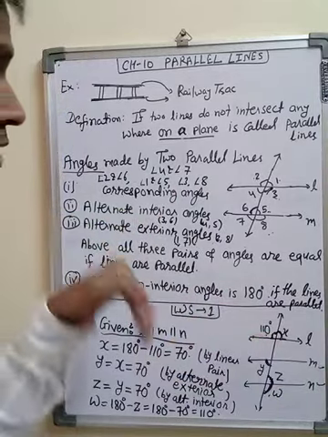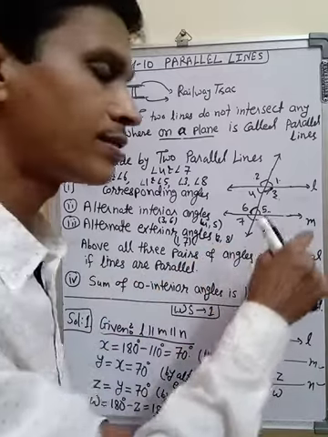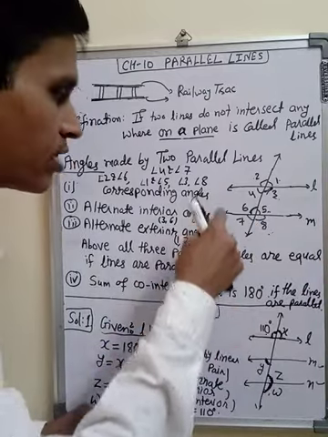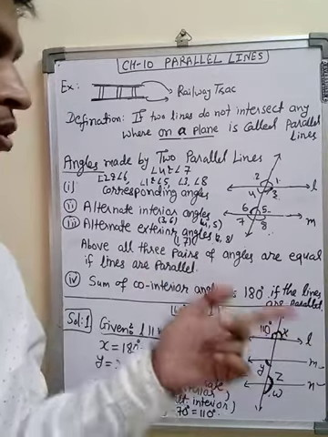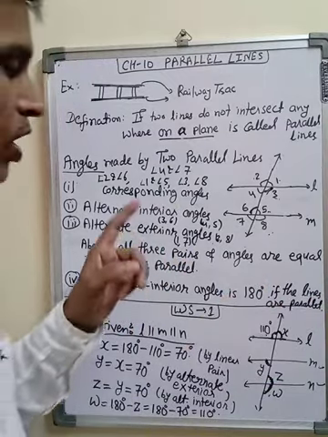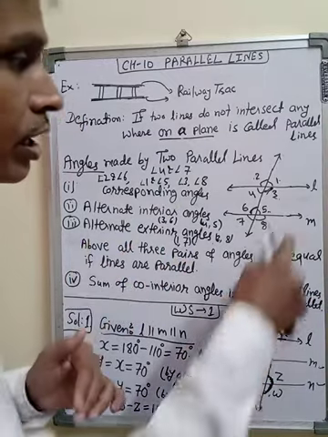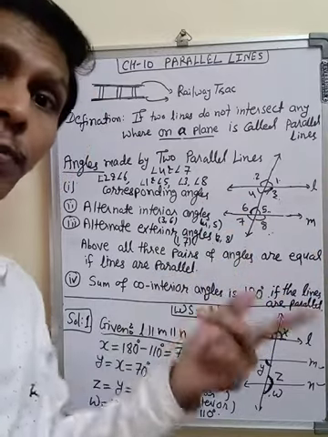What will we learn in this class? We will learn an important thing: if these two lines are parallel, then all these three pairs will be equal. This is a new thing for you. The pairs you already know. The new thing for this class is that angles are made on non-parallel lines also.